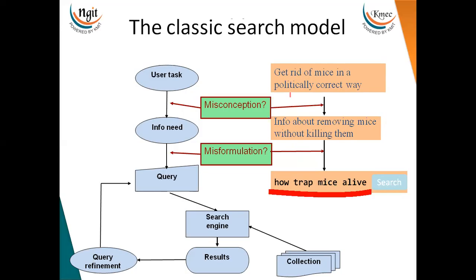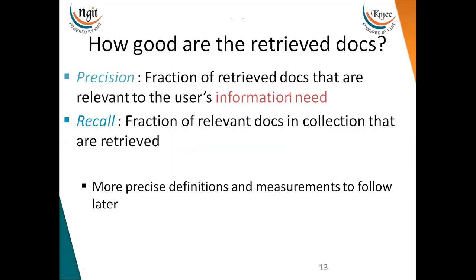So the point to convey is the way your query is interpreted. That is the most important. Then only will your search engine search related information. So how your query is refined is the main challenge for your search model.